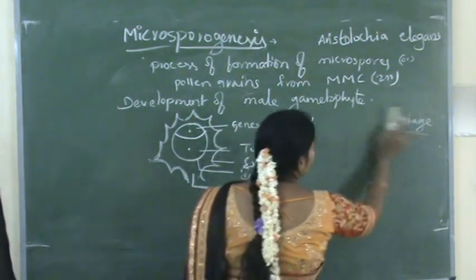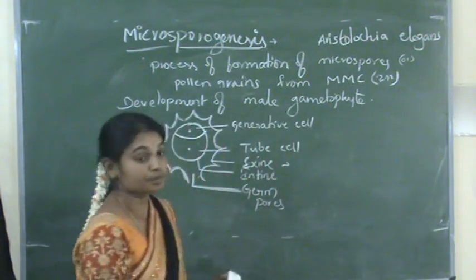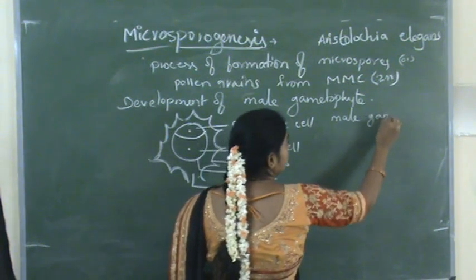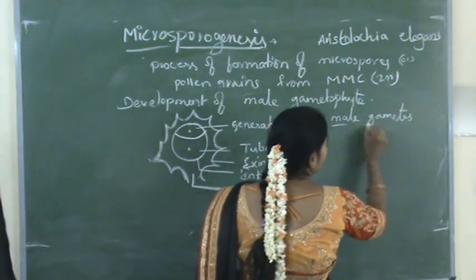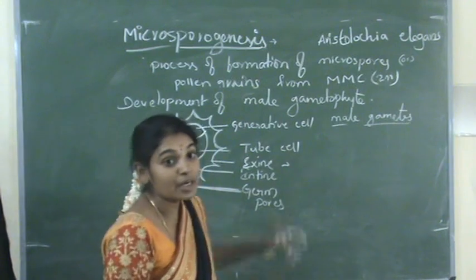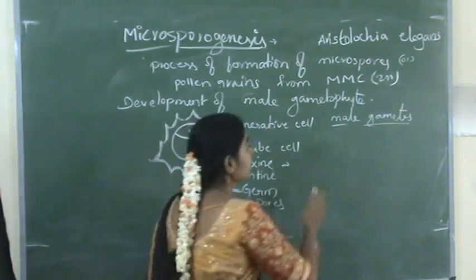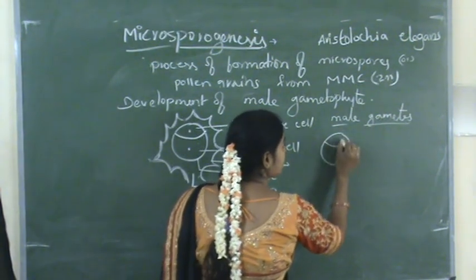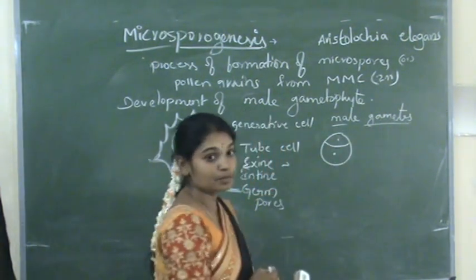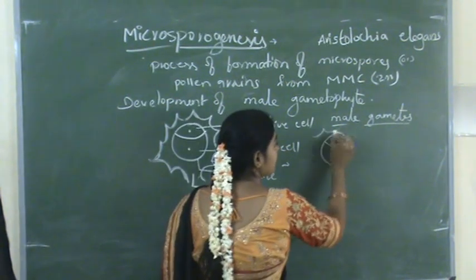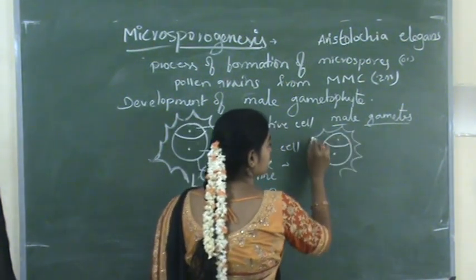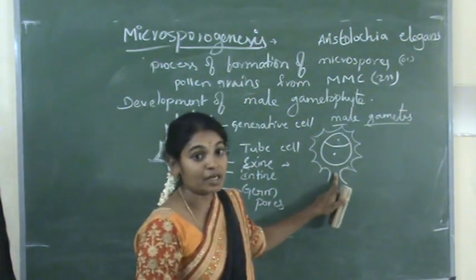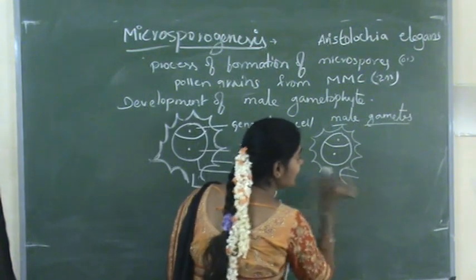So now we will see how the male gametes are formed from the pollen grains. Here we will take the pollen grain structure, generative cell and tube cell, and the exine wall also. After reaching the stigma, this exine wall gets degenerated.